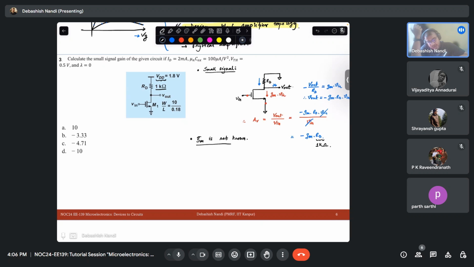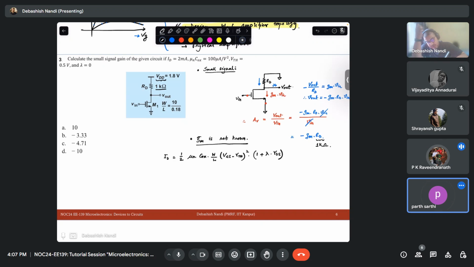So how do you find your GM? ID by... anyone? VG minus VTH. So basically, your ID is equal to half mu n Cox W by L, VGS minus VTH whole square, times 1 plus lambda VDS, right?